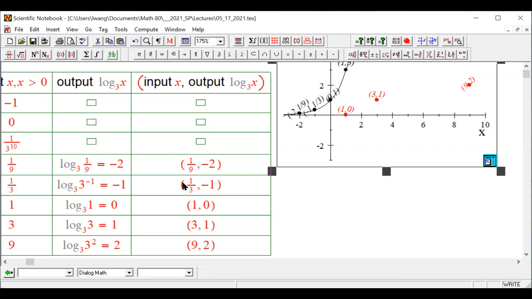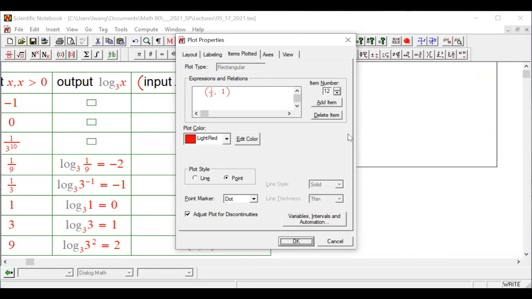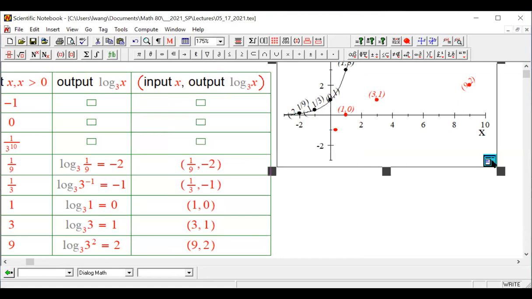now let's look at 1/3 as the input. The output is -1. So where does that point go? It's a red dot. You can see the output can be negative. Right there, and let's mark that point.